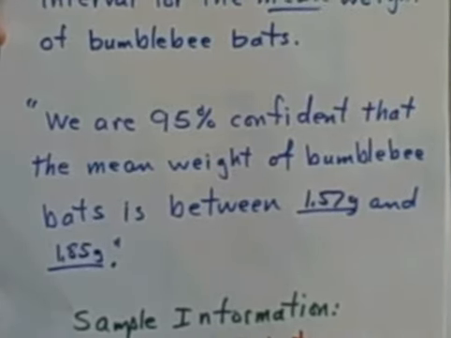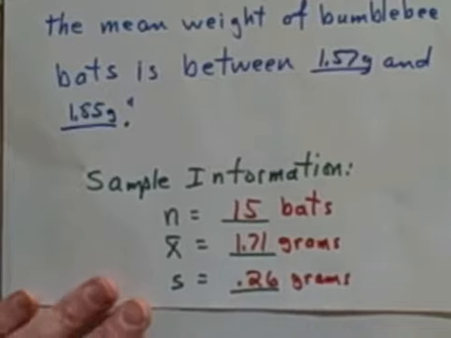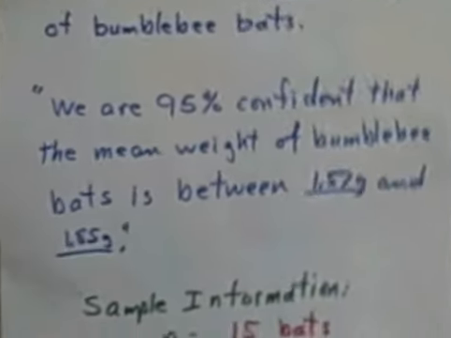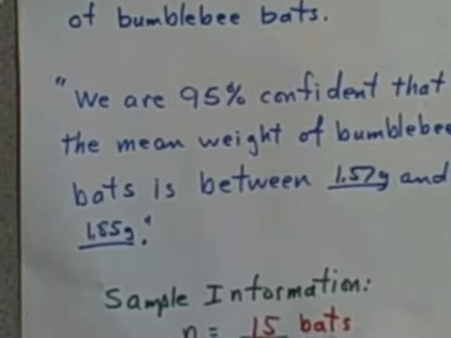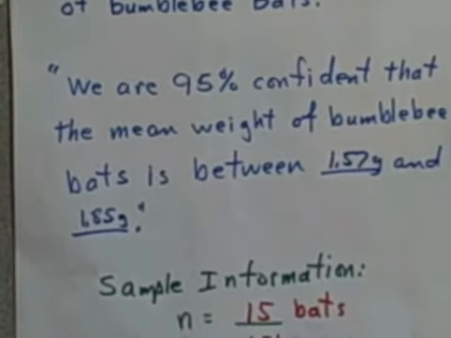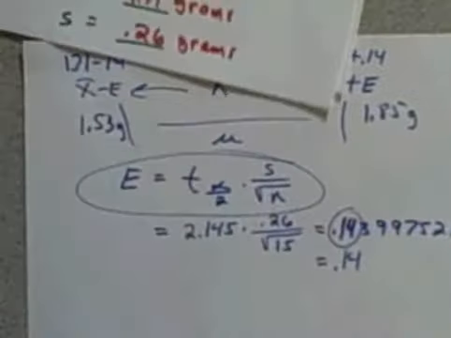We found that our mean weight from our sample was 1.71, so we're going to use that actually in the statement. Here's our alternate statement. We are 95% confident that the mean weight of bumblebee bats is 1.71 grams with a margin of error of 0.14 grams. That 0.14 was what we calculated for our margin of error.